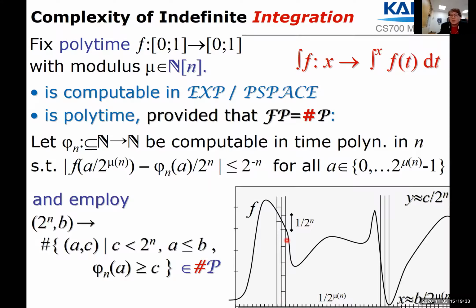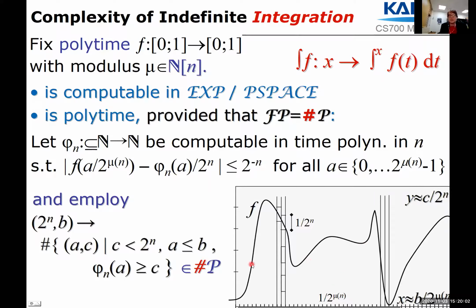And that's why the number of witnesses c constitutes a contribution to the Riemann sum, and doing so not just for fixed parameter a, but counting the number of pairs, that's precisely counting the number of these boxes that fit entirely below the graph of that function.